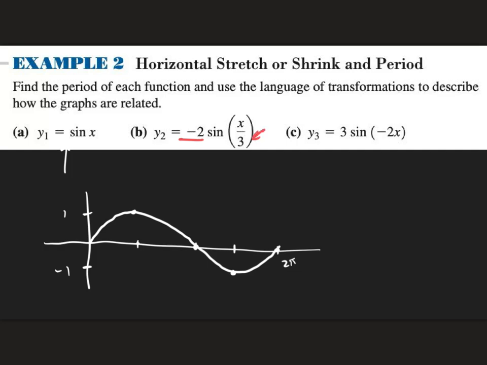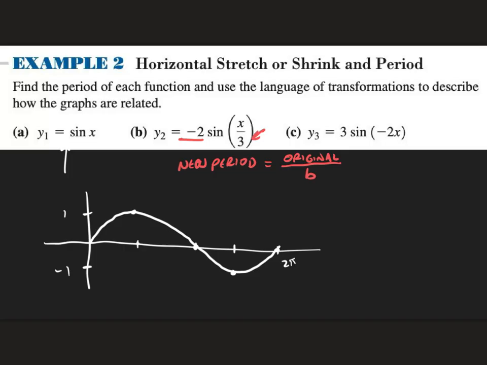And we said, what's the period? You had to take the original period to get the new period. The new period equals the original period divided by the B. And the B has to be in front of the number, not added or subtracted from it.